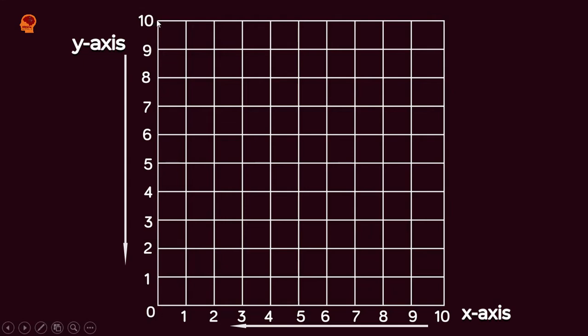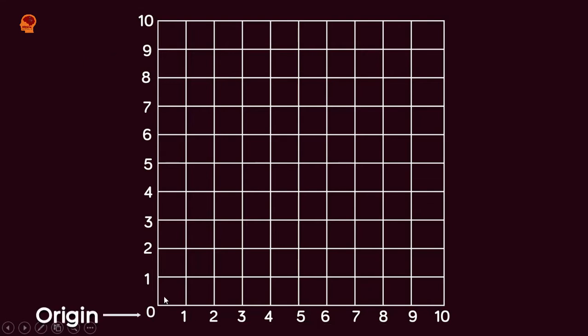Both number lines meet at a point of intersection, 0, which is called the origin.